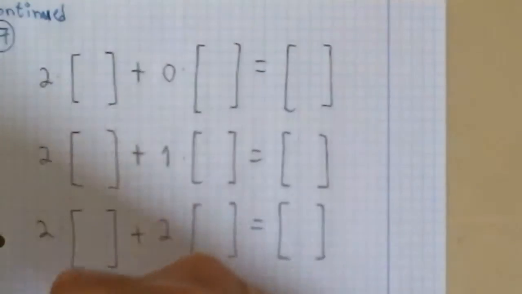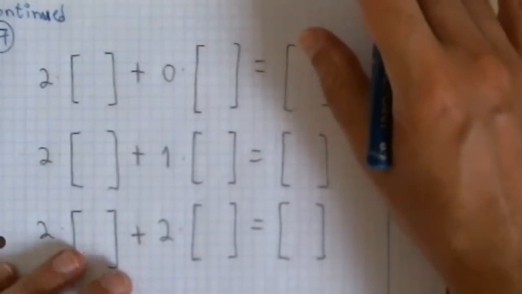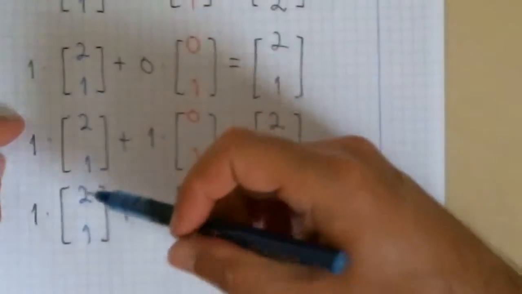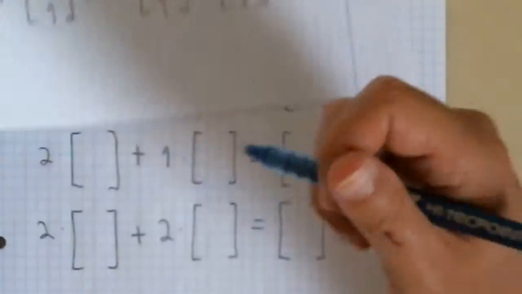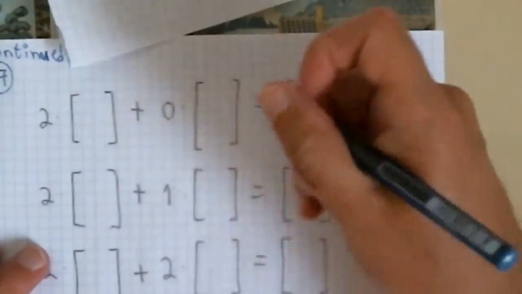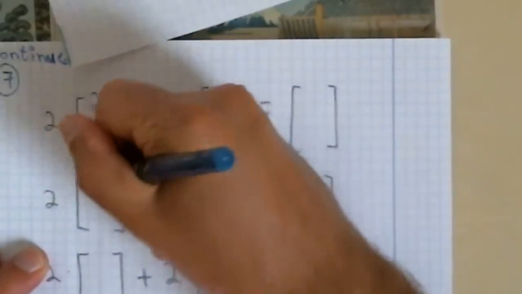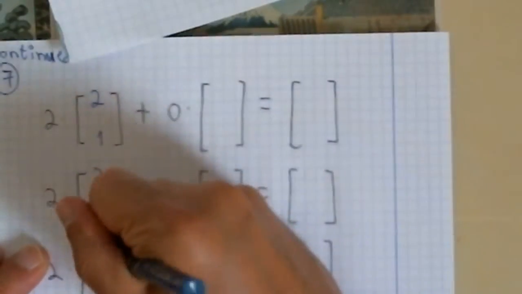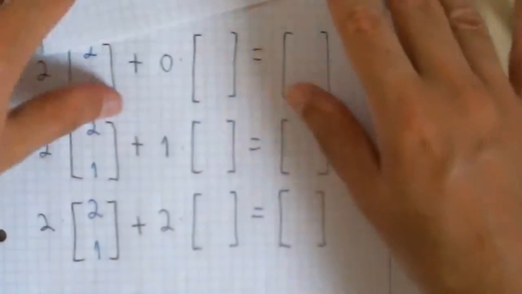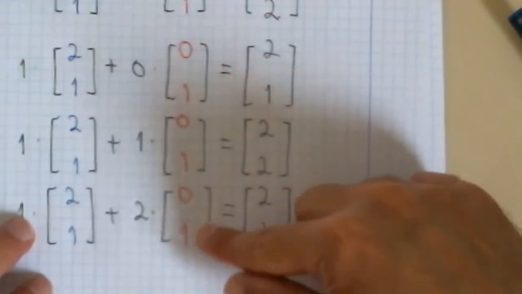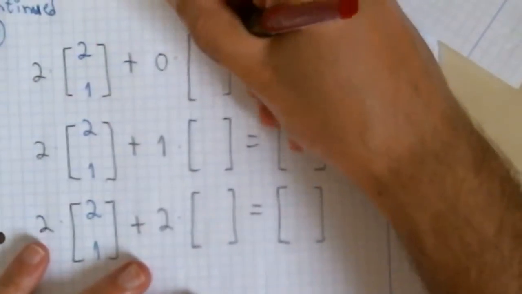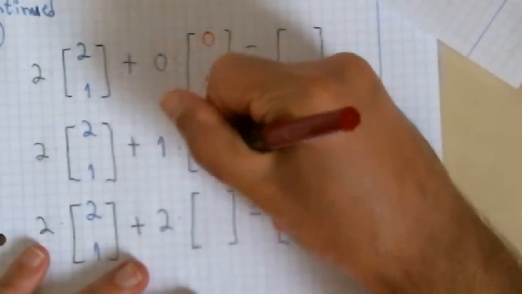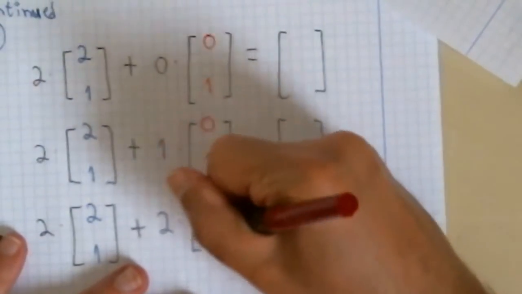Okay, let's see how much we get. The blue vector is all the time 2 and 1. So let's write it down: 2, 1, 2, 1, 2, 1. The red vector stays the same all the time, 0 and 1. So it's 0, 1, 0, 1, 0, 1.